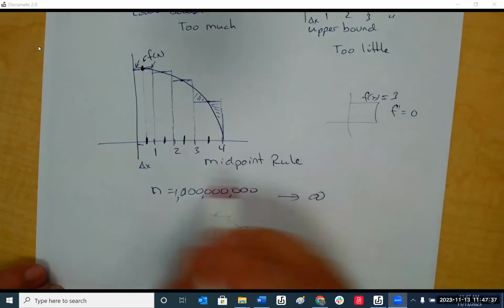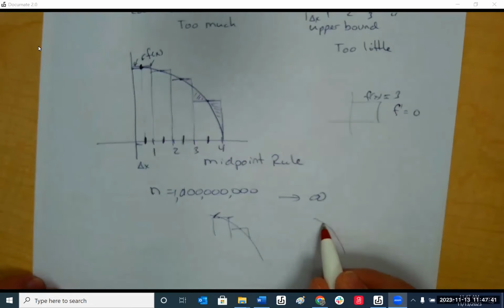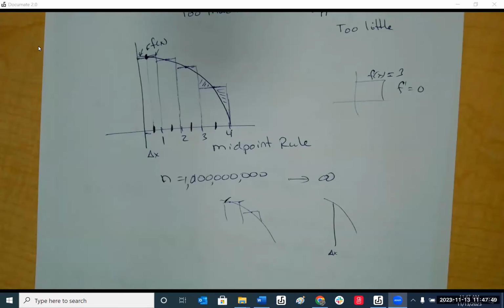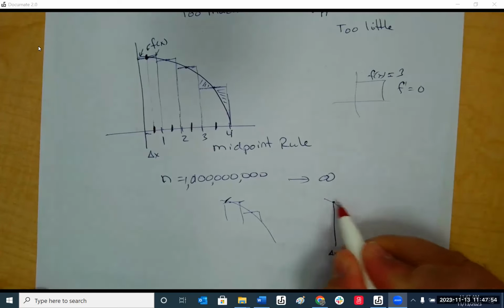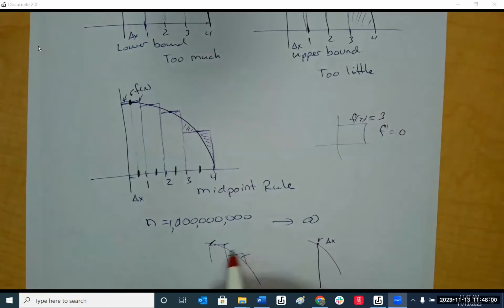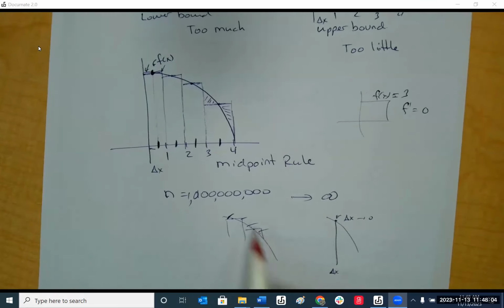Eventually your delta x is that wide, and it gets so infinitely small that there is no difference. It's just a point, where the delta x, the change above and below, goes to 0. The difference here goes to 0.